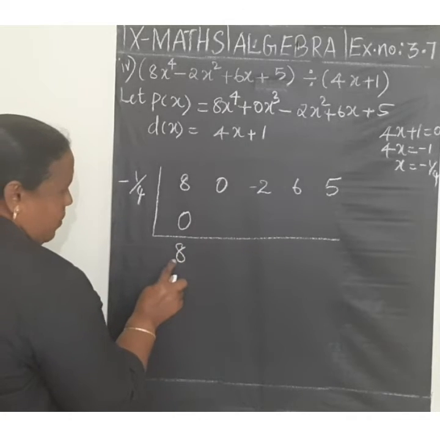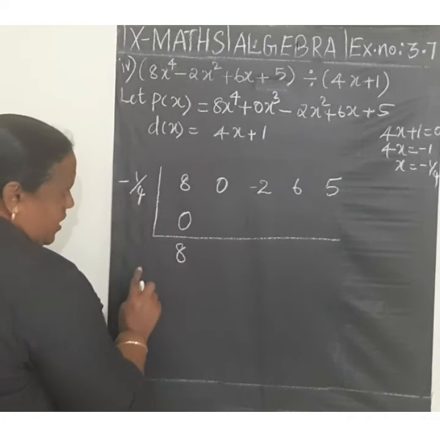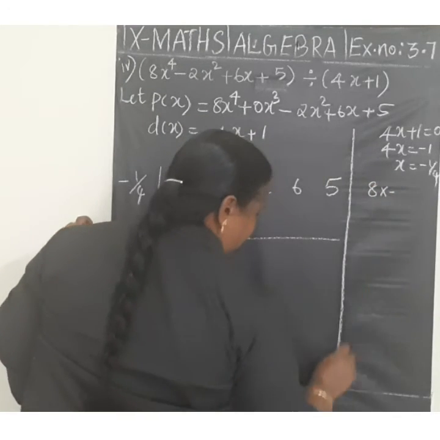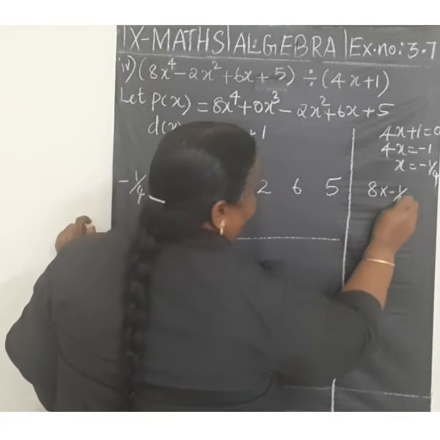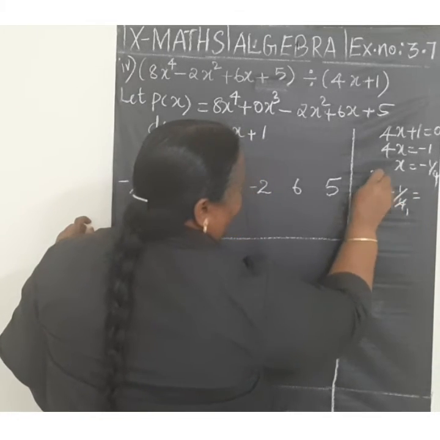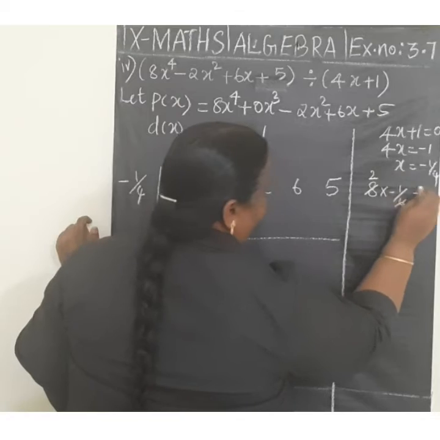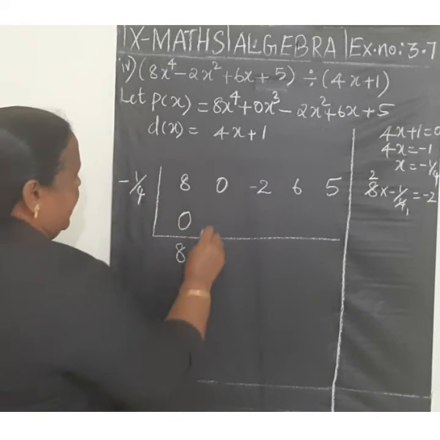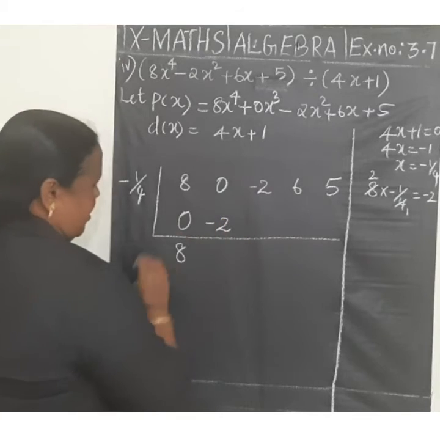Next we have to multiply this 8 into minus 1 by 4. So 8 into minus 1 by 4: 1 4s are 4, 2 4s are 8, so 2 into minus 1 is minus 2. So here in the second column we write minus 2.